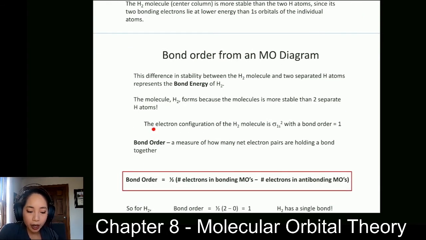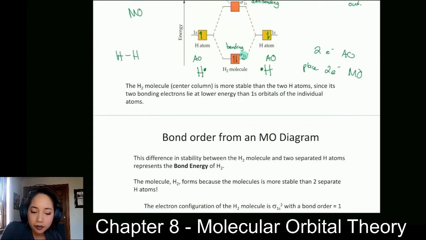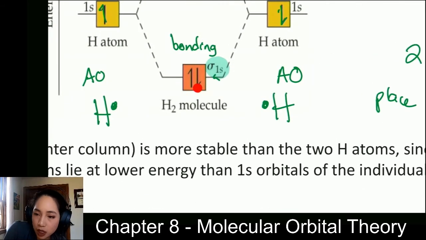So if we write out the electron configuration for the H2 molecule itself, instead of one electron in a 1s orbital, we actually want to say we have two electrons, because there are two electrons from two different hydrogen atoms in a sigma 1s molecular orbital.